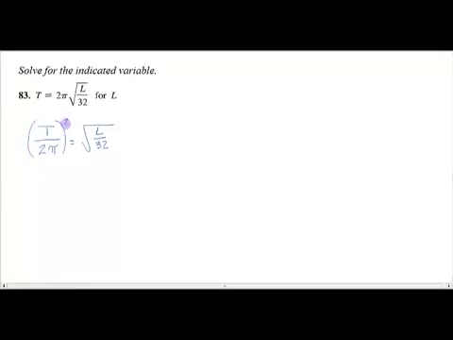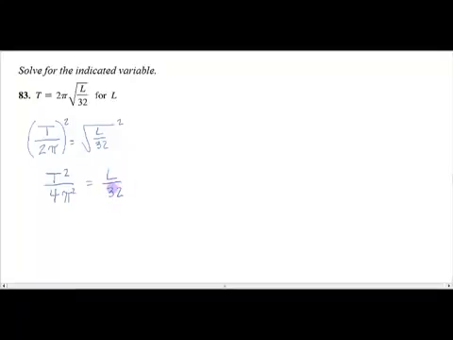Now that we have the square root isolated, we'll want to square both sides. That gives me a t squared over 4 pi squared on the left, and on the right I'll have an L over 32. Now how would I isolate that L?